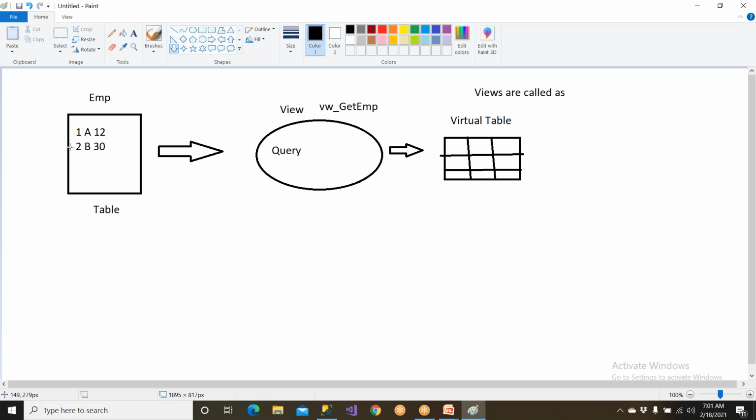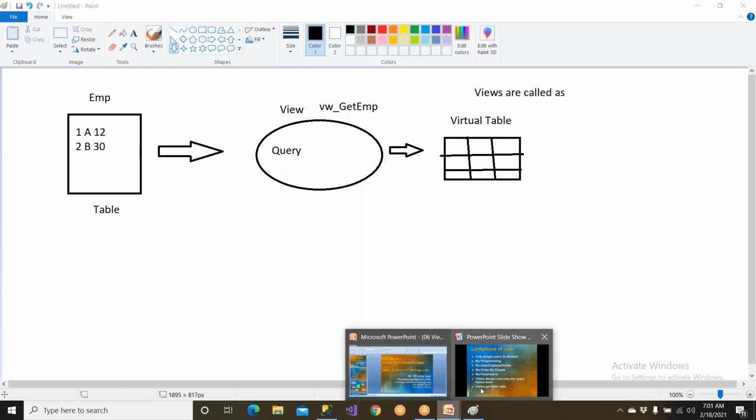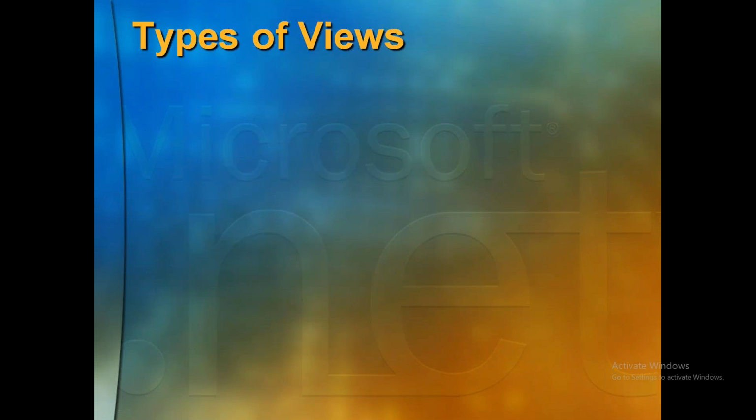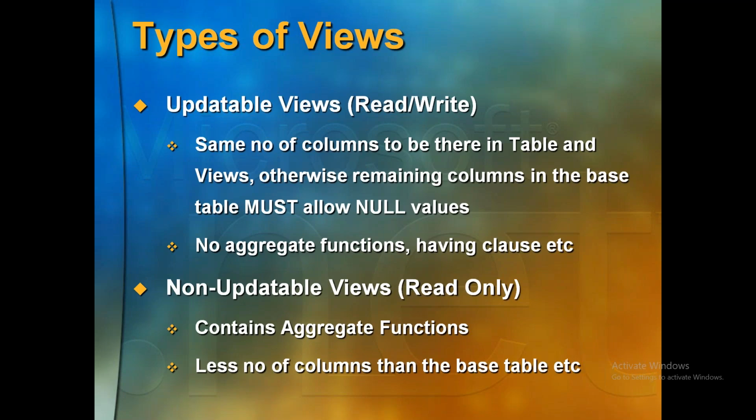Now, if you have an employee table, this is what is going to happen. Many people will ask me a few questions about views. What are the types of views? There are two types of views available. One is called an updatable view, a read and write view.